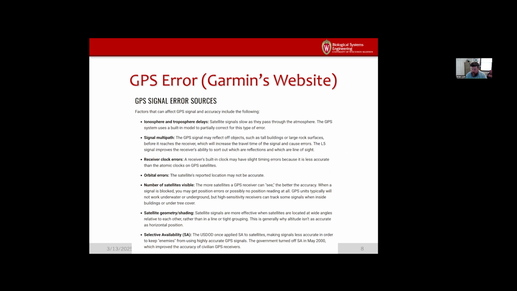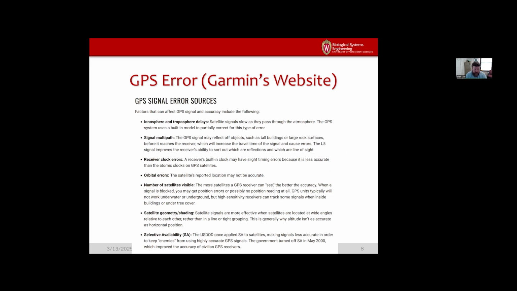So if we're on the north side of a tree line and a big hill is south of us, the chances of our GPS accuracy being really good are relatively slim in those situations because we're usually looking at the southern skies where the GPS satellites are in their geosynchronous orbit. And so as we have obstacles between us and them, that's where we have a little trouble getting accurate GPS and we get some error built into our signals.